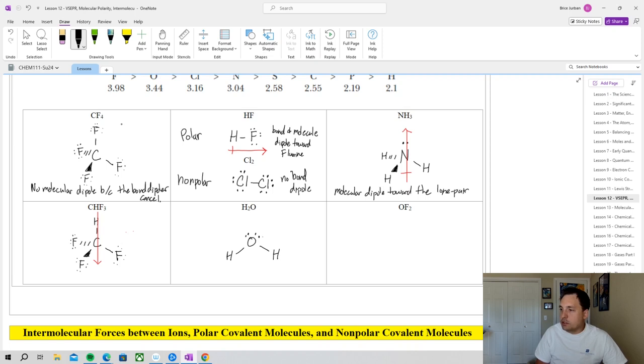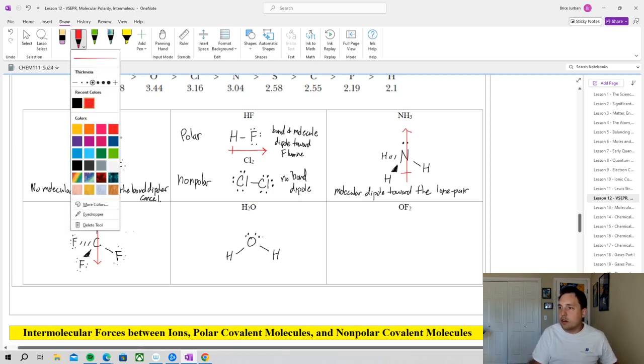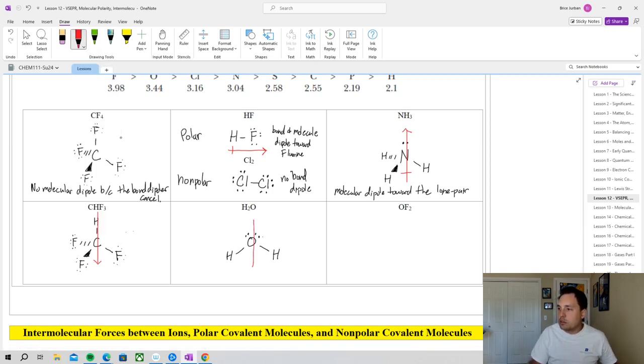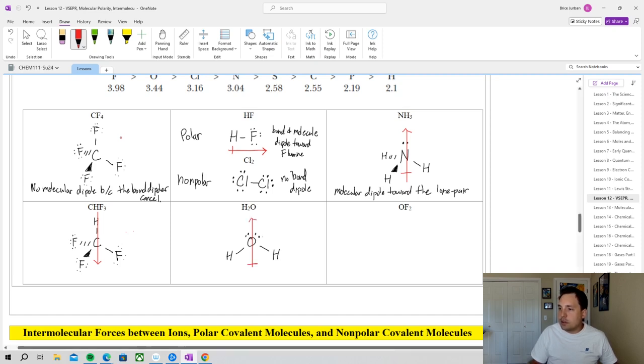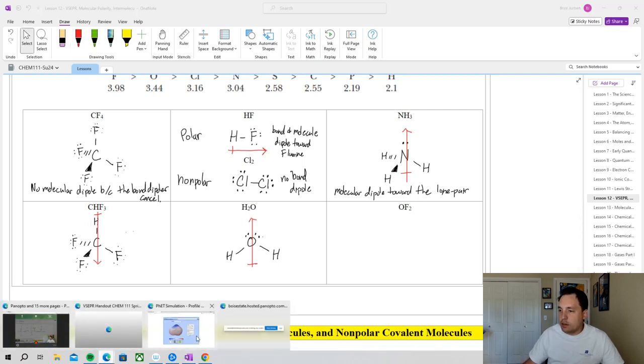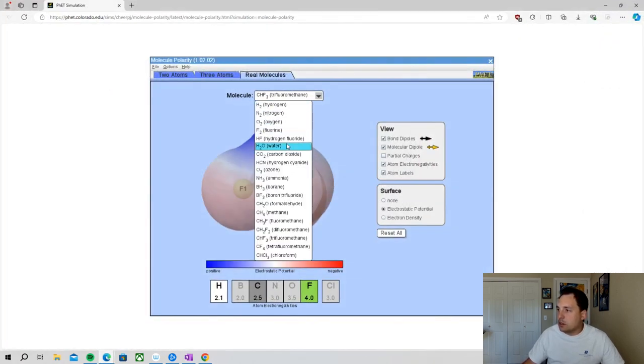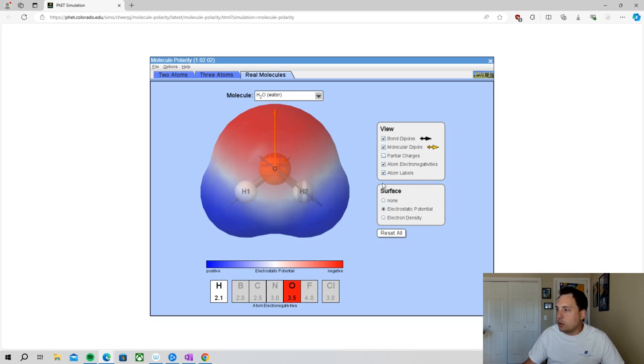But anyways, these lone pairs are pushing down on the bonds, and what we can expect here is it's going to have a dipole towards the lone pairs, like it is in ammonia. And we get a very polar molecule, which is why water has very unique properties, because it's a universal solvent and it's polar. So we can see that here.